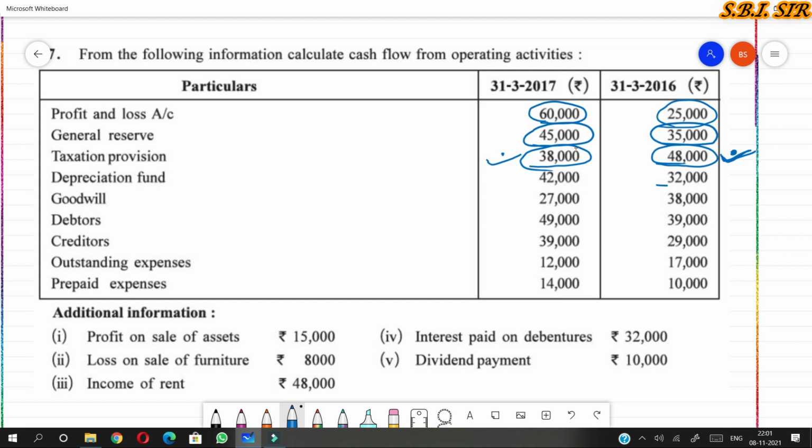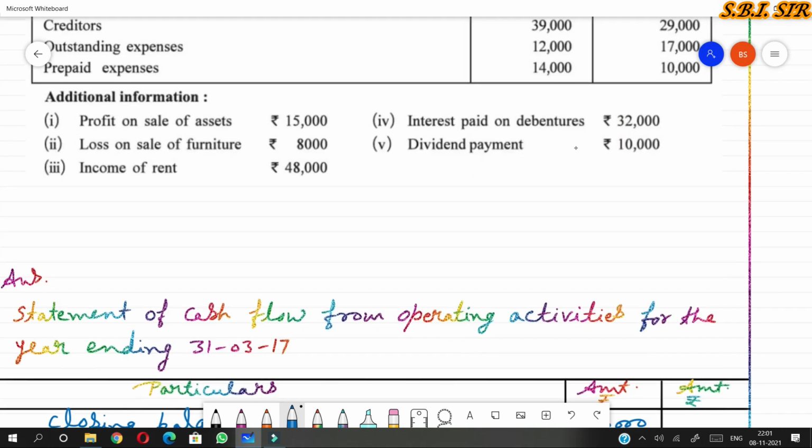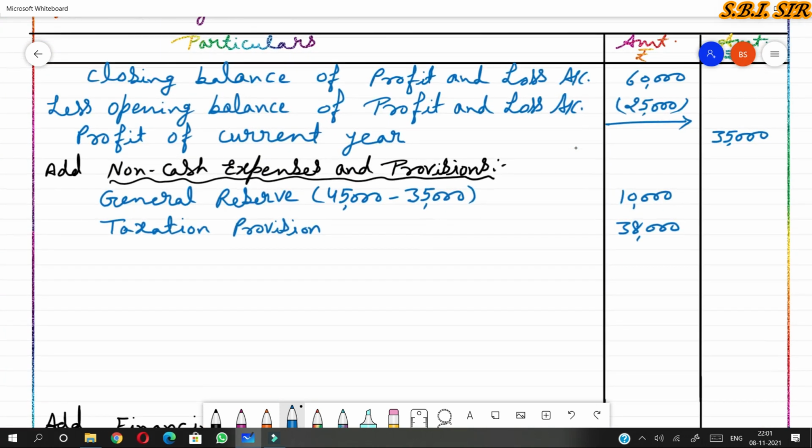Depreciation fund: opening balance is 32,000, closing balance is 42,000. It will be recorded under the heading of non-cash expenses and provisions. Depreciation fund: 42,000 minus 32,000. We will get 10,000.